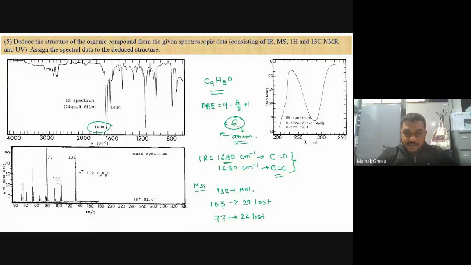Now you come to the mass spectrum. So I'm writing this structure. Here there is a double bond, another is a C double bond to H. Sorry.